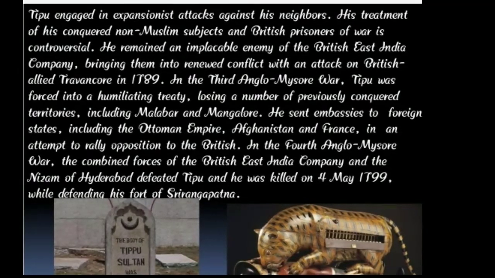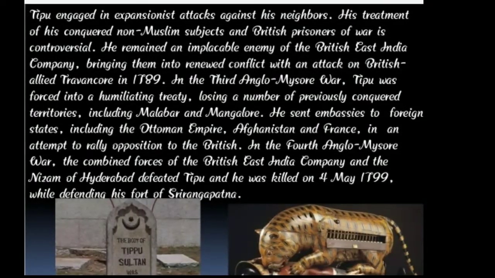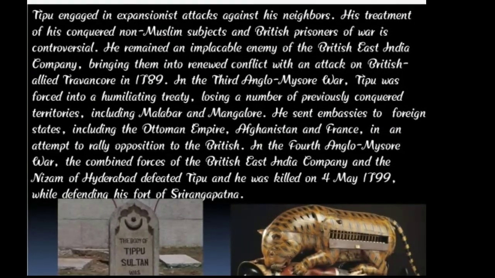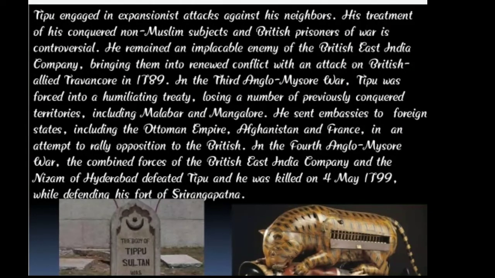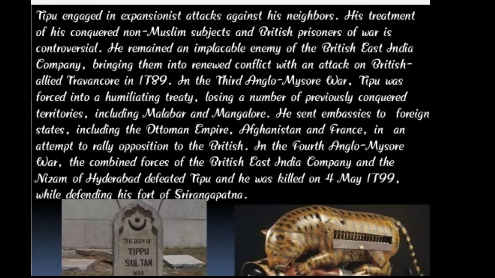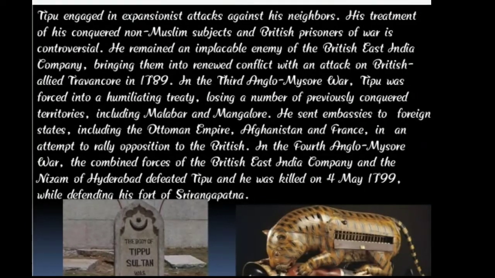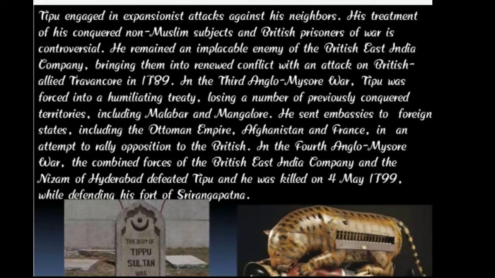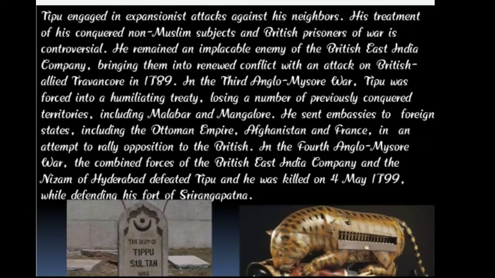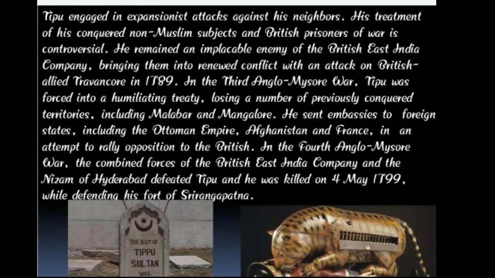Four wars were fought with Mysore: 1767 to 69, 1780 to 84, 1790 to 92 and in 1799. In the last war, the Battle of Srirangapatnam, there was the combined attack of Marathas, the Nizam of Hyderabad and the company. The company ultimately won a victory. Tipu Sultan was killed defending his capital Srirangapatnam.